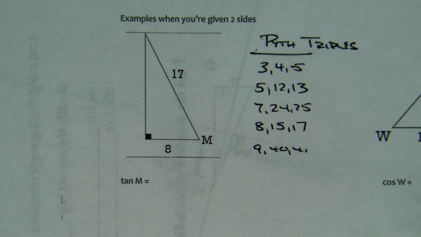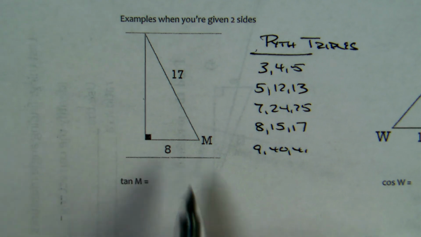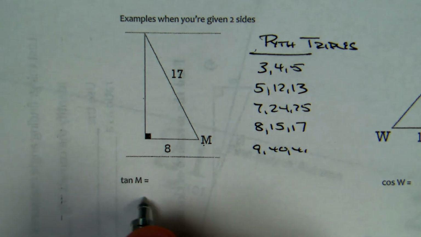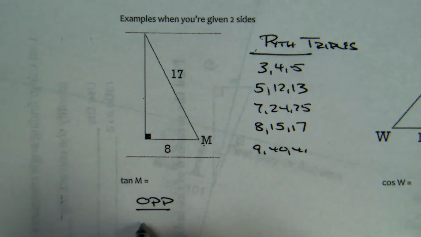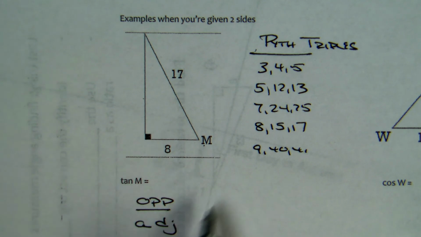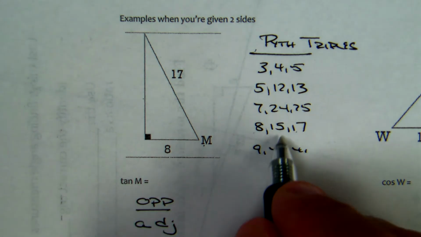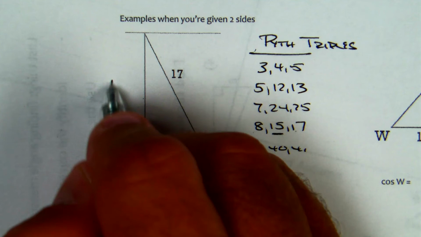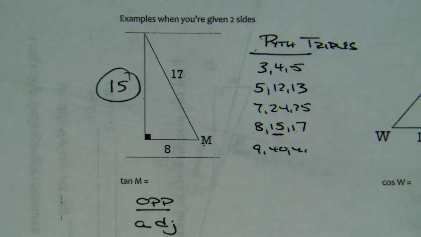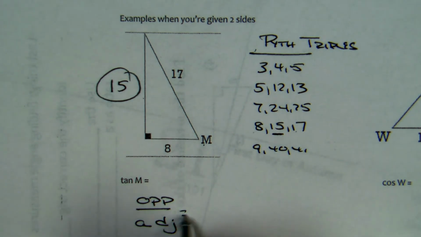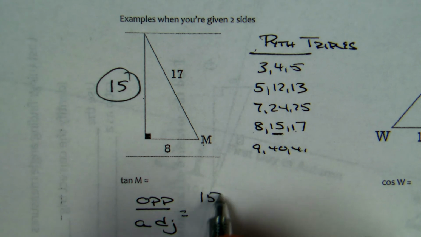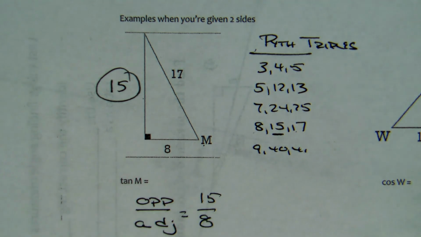Those are the integer values or their multiples that can be the side lengths of a right triangle. So if I'm doing the tangent of m, tangent is opposite over adjacent. If I use triples, I see the 8 and 17. What's missing? 15. So the opposite's 15. It makes the tangent 15 over 8, and I'm done.